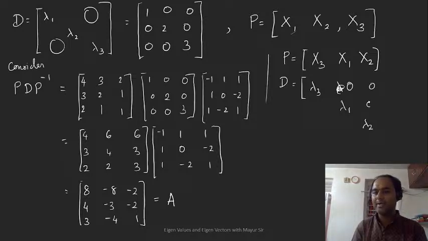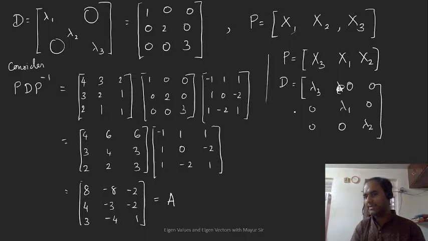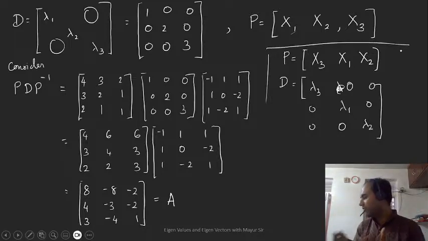This is how you will get the diagonal if you write this way. If you change the order of the eigenvectors, then the eigenvalue order will change. Got that? Yes or no?